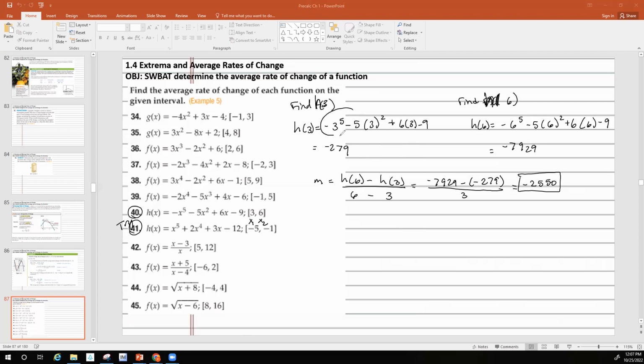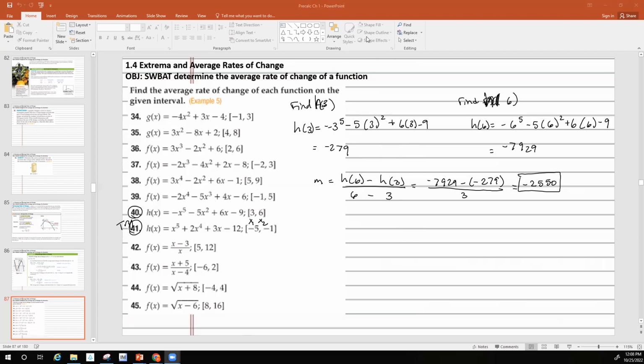When you're calculating these, though, make sure that the parentheses don't go around that negative because we are substituting a positive 3 there. I don't think I mentioned that. If you substitute a negative 3, make sure to put parentheses around the negative.